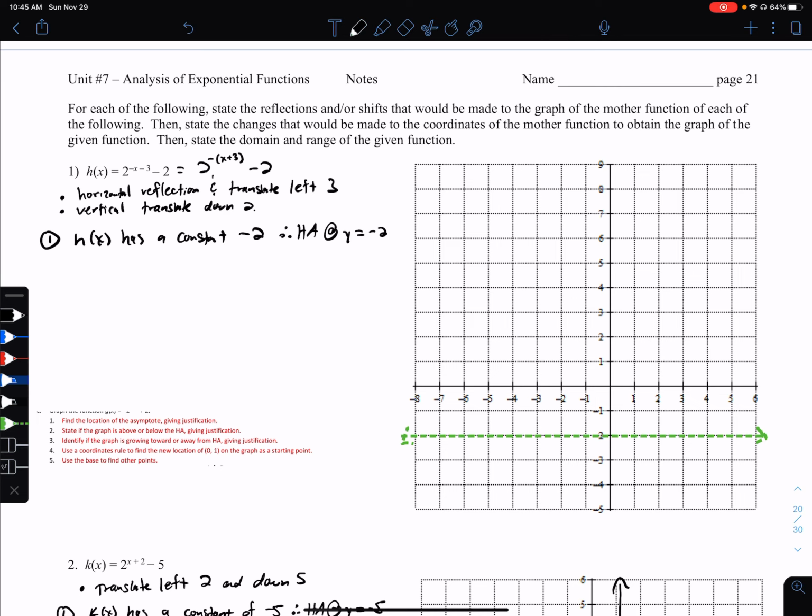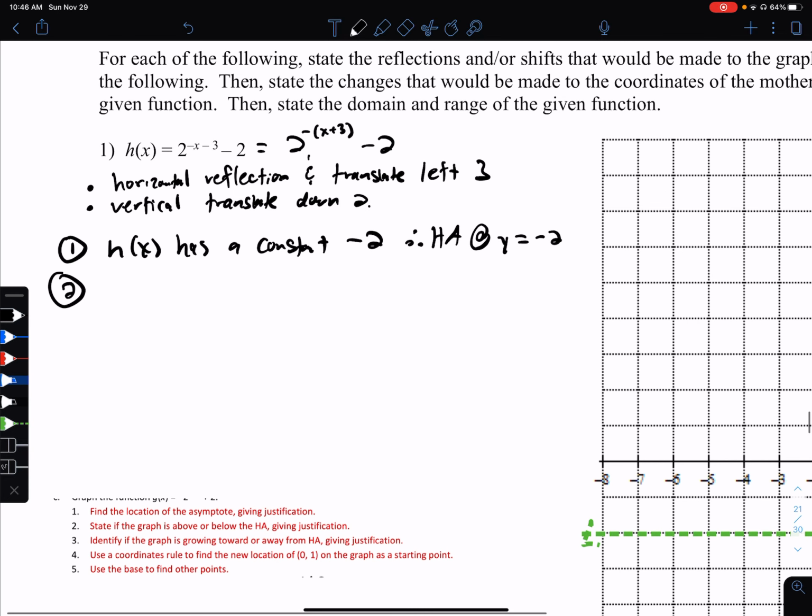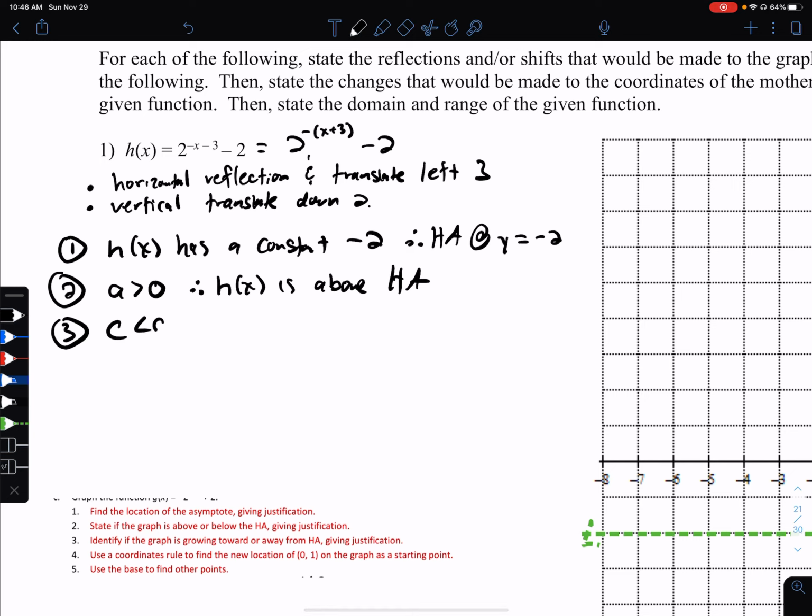All right. Then we want to state whether the graph is going to be above or below the horizontal asymptote, and if it's going towards or away from it. So in this case, a, which is what you're multiplying by the base, is greater than 0. Therefore, h is above the horizontal asymptote. Then we want to figure out what c is. C is negative, it's less than 0.